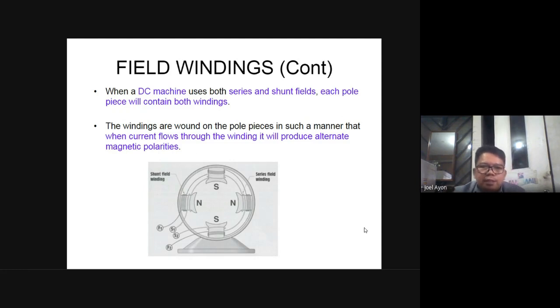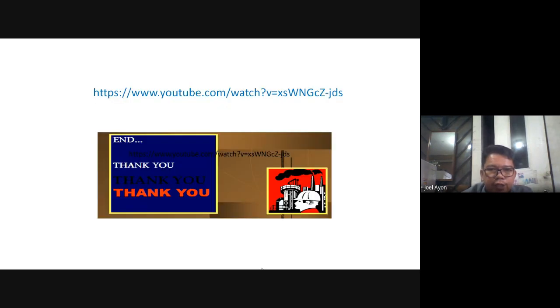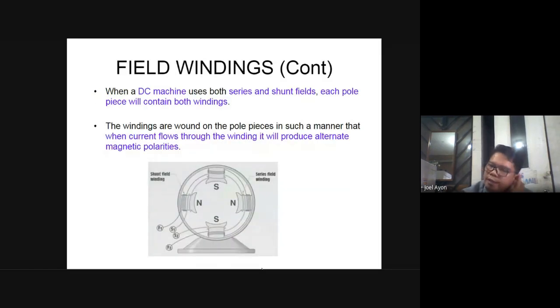When a DC machine uses both series and shunt fields, each pole piece will contain both windings. The windings are wound in the pole pieces in such a manner that when current flows through the winding, it will produce alternate magnetic poles. This is the combination of series and shunt field windings.